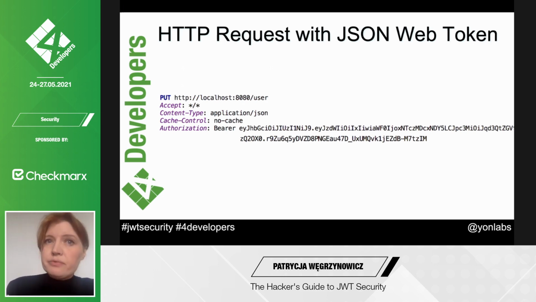Then on the server side, the token is verified. And in case of an incorrect token, the request is rejected. It sounds very simple. So now it's time for the reality check. Let's take a look at some security problems of JSON Web Tokens.